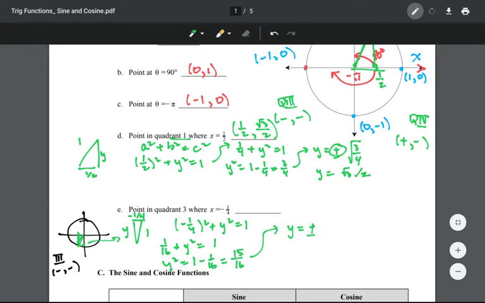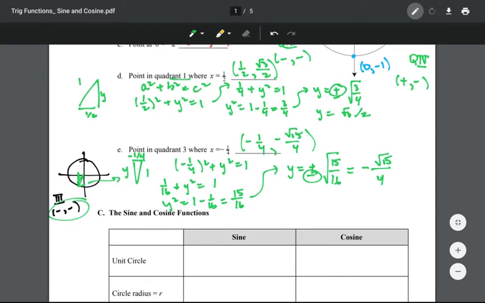So it's plus or minus the square root of 15 over 16. But I'm in quadrant 3 where everything's negative. So I'm going to choose the negative. I can't take the square root of 15, so I'm just going to leave that. But the square root of 16 is 4. This is my y-coordinate. So my point is negative 1/4, comma, negative, because I'm in quadrant 3, radical 15 over 4.